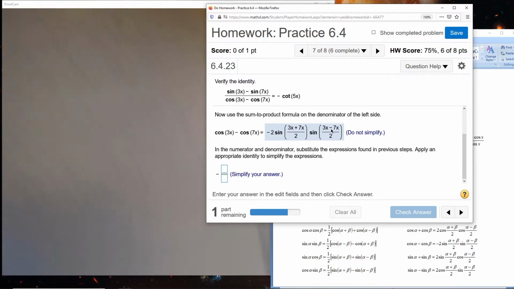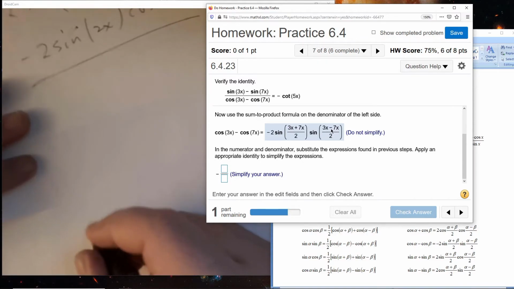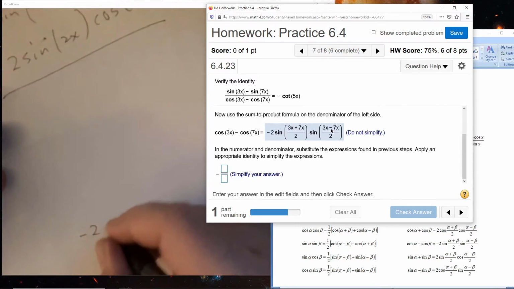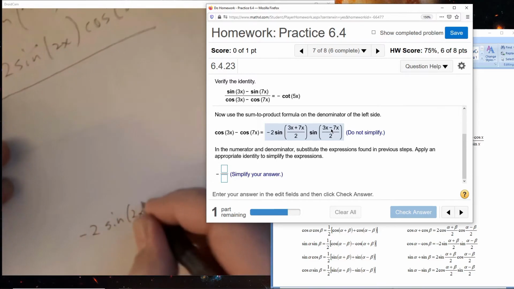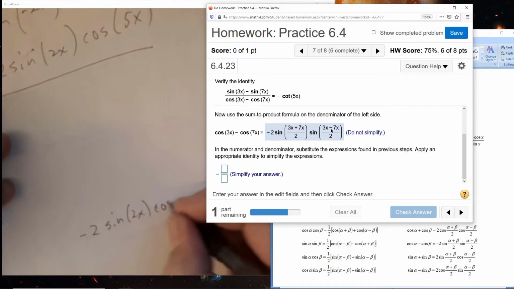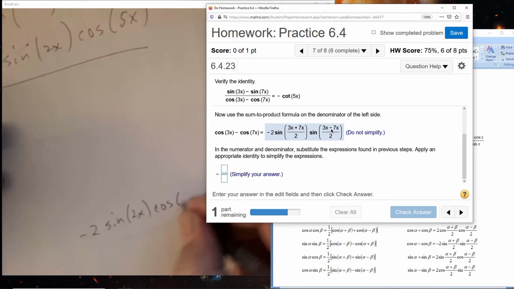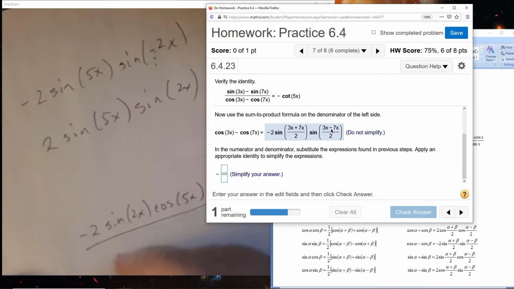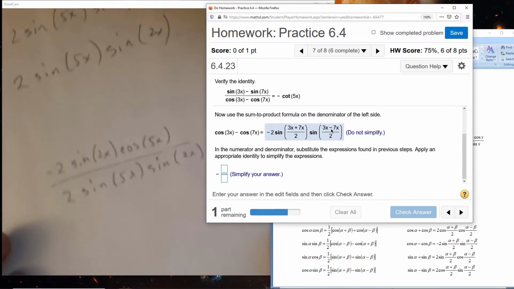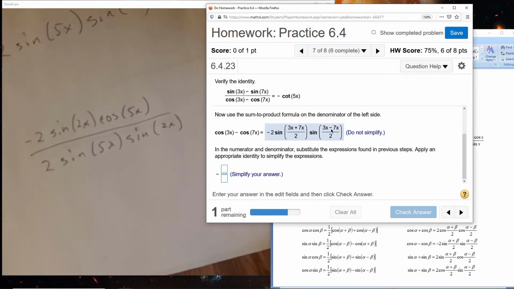So we got this for the numerator. And then we have this for the denominator. So the 2's will divide out.